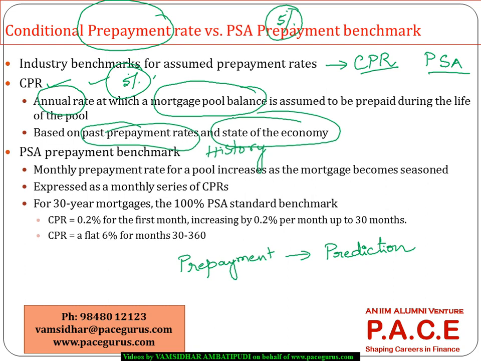But if the economy is not doing well, there are not many growth opportunities and interest rates will fall, because of which people think of repaying loans quicker. So prepayment rates could be higher in that scenario. The CPR used as a benchmark is decided based on the past history of prepayments along with the state of the economy.